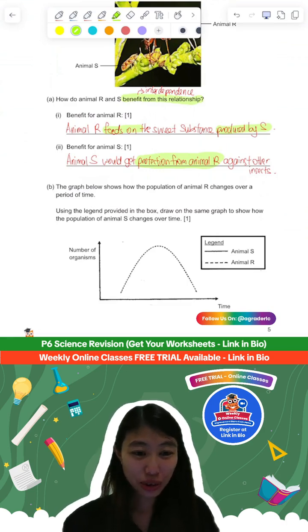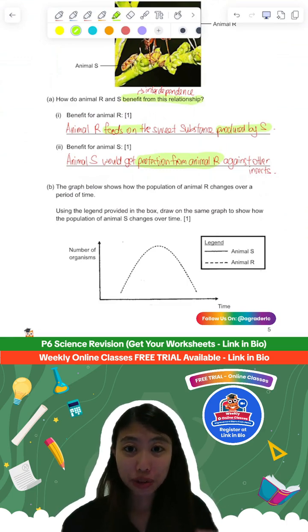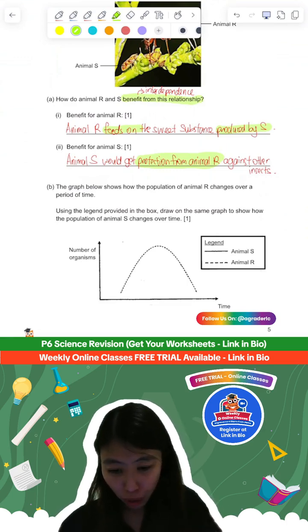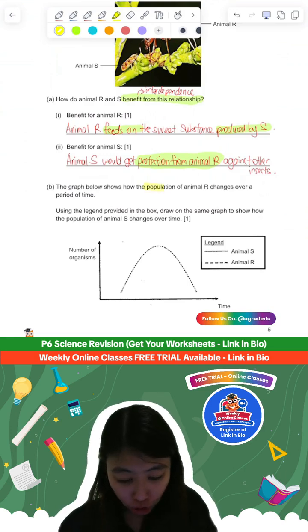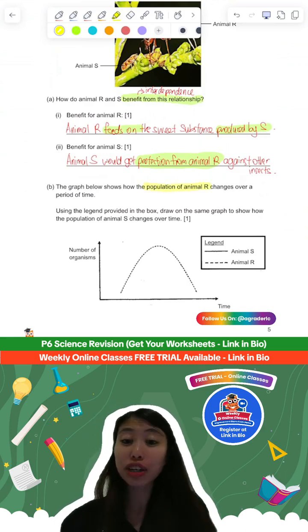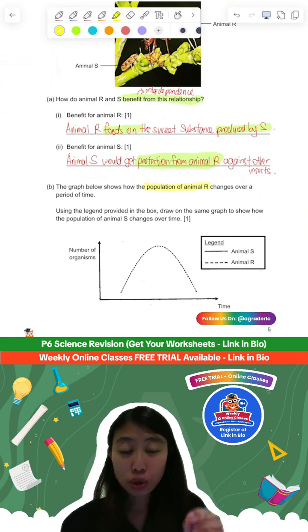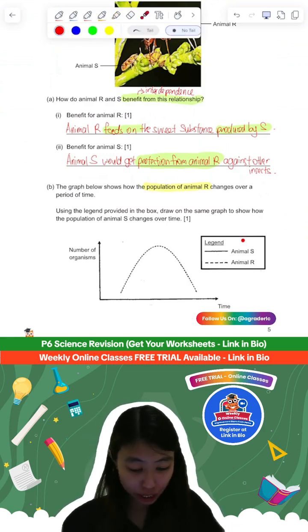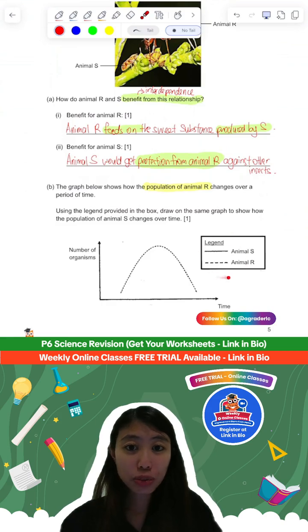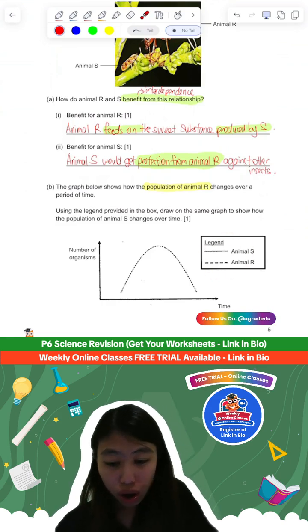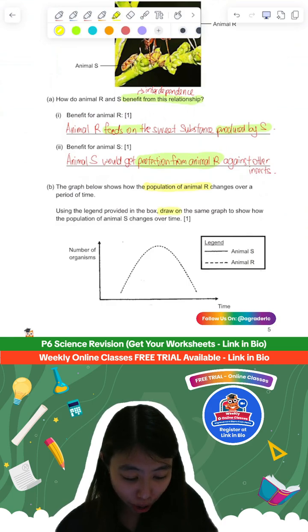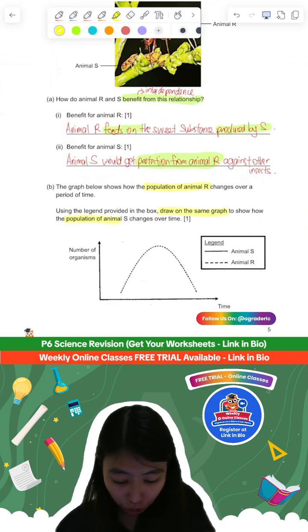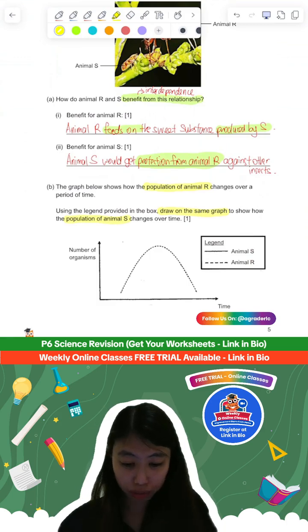B says that the graph below shows the population of animal R and how it changes over a period of time. Using the legend provided in the box, which is this, draw on the same graph to show how the population of animal S changes over time.